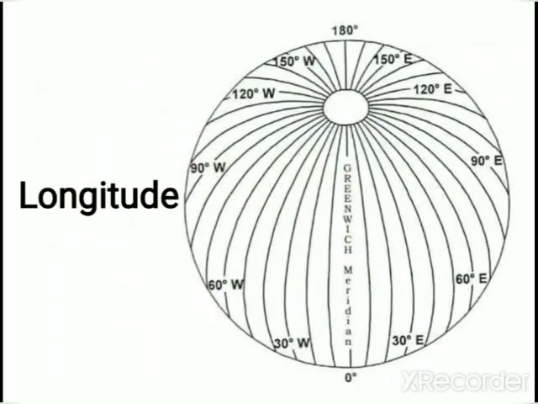Next we'll take up the longitudes. Longitudes represent the east-west location of a place on the surface of the earth. These longitudes can be defined as the angular distance of a place which is located in the east or west. It is also measured in degrees.